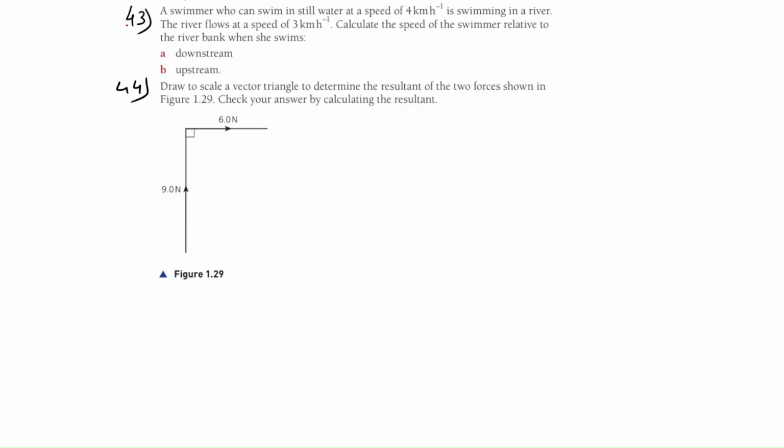Now, question number 43. A swimmer who can swim in still water at a speed of 4 km per hour is swimming in the river. The river flows at the speed of 3 km per hour. Calculate the speed of the swimmer relative to the river bank when she swims downstream and upstream.